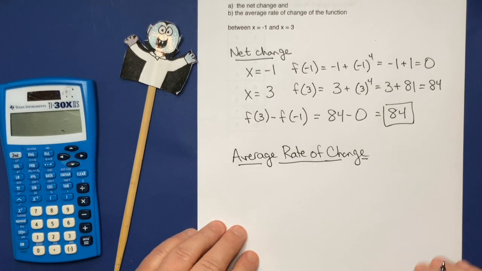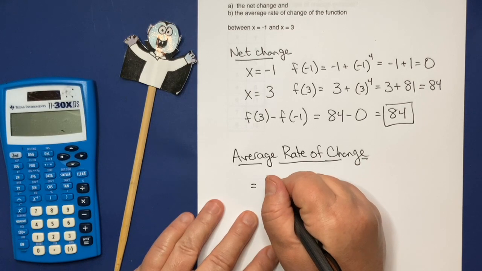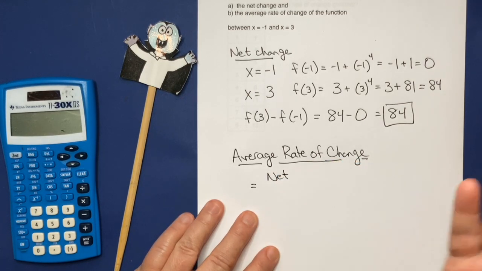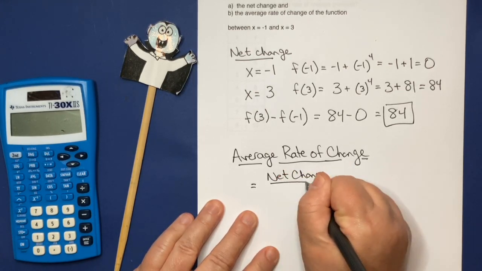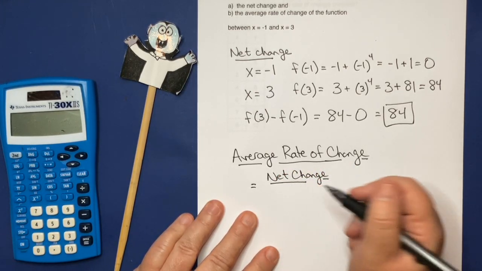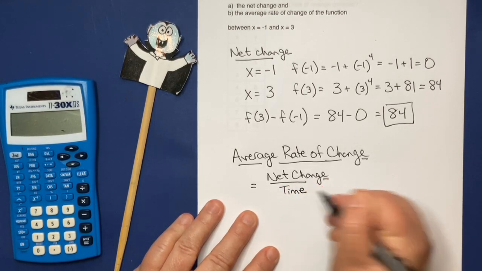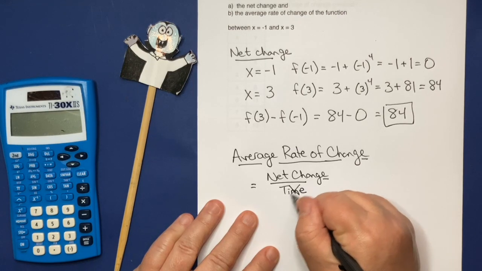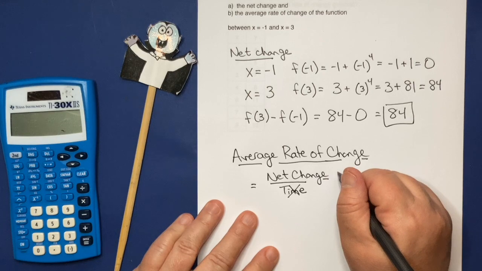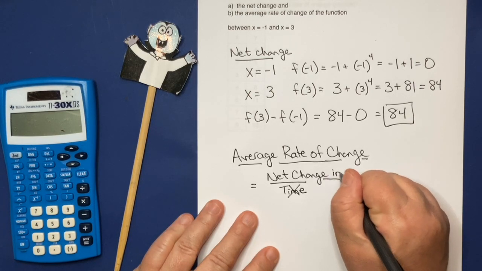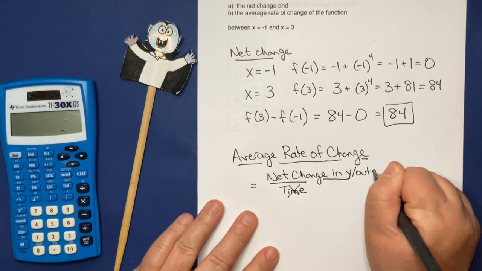So the average rate of change, remember, that's going to be the net change, or in some books it's the total change, over, in this case, normally this would be time, but we're going to look at, this is going to be the net change in y, or the output.